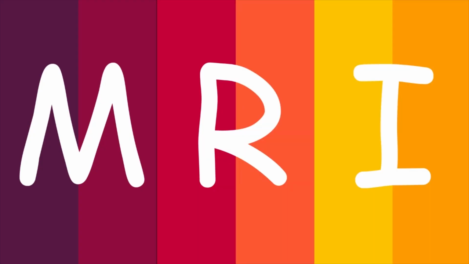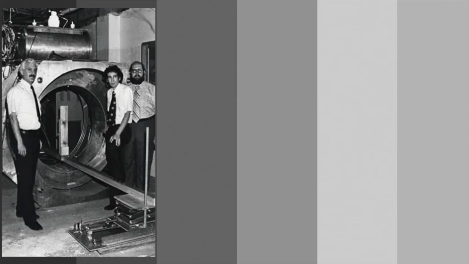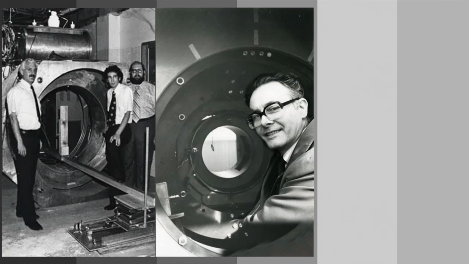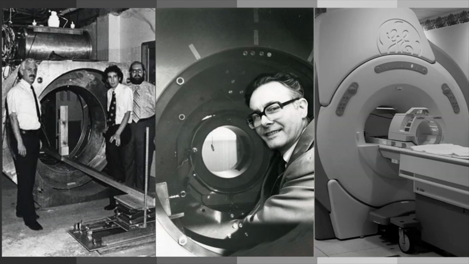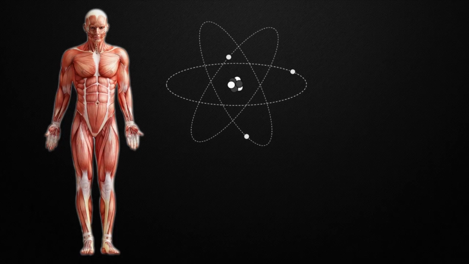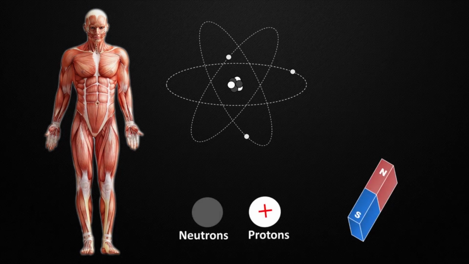MRI, magnetic resonance imaging. Pioneering work in physics done between 1666 and 1945 led to the detection of nuclear magnetic resonance (NMR) signals in liquids and solids emitted by magnetically labeled nuclei.